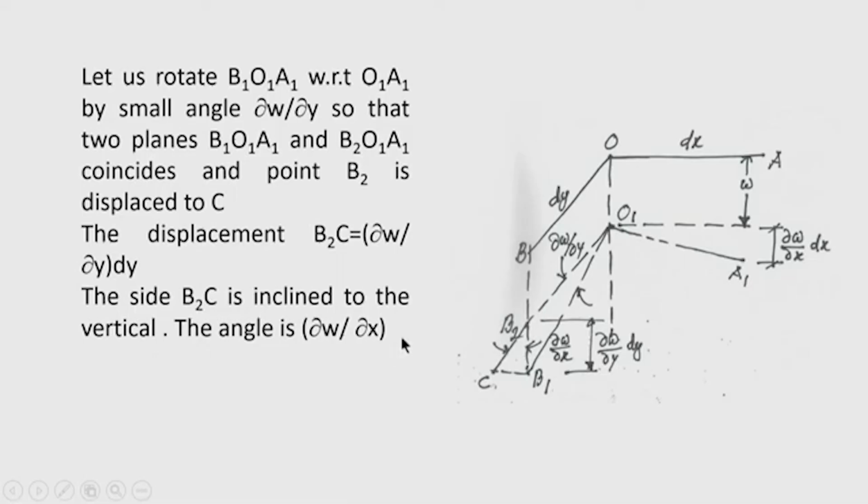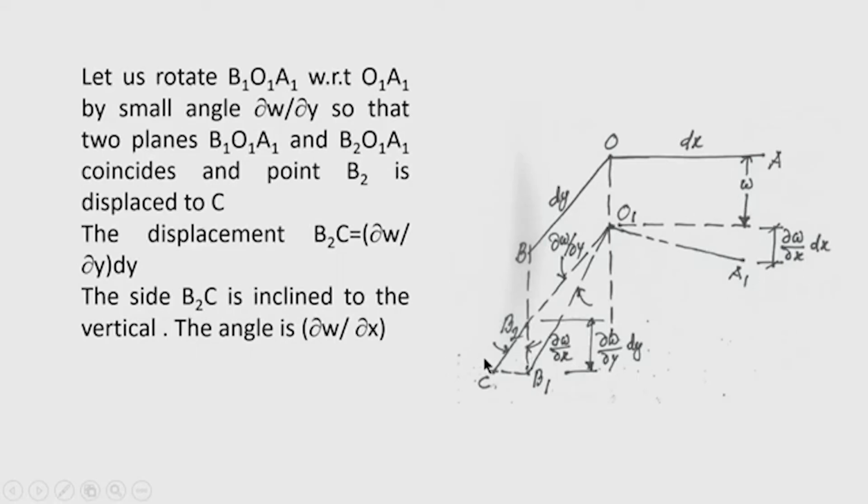Now, if you see the displacement B2 C, B2 C is inclined with the vertical line B1 B2 by the slope angle del w by del x.